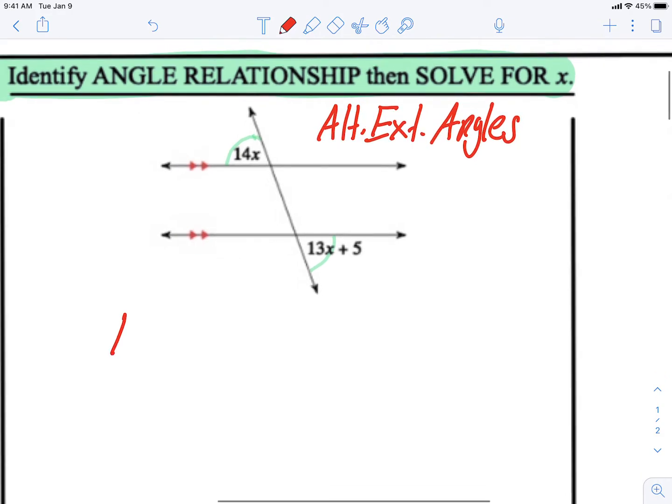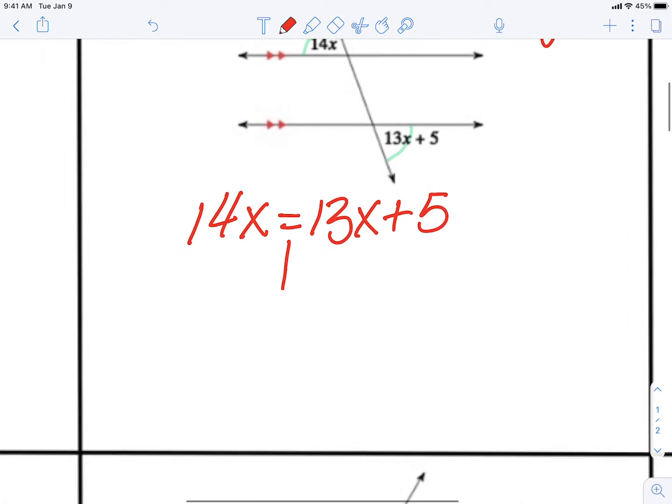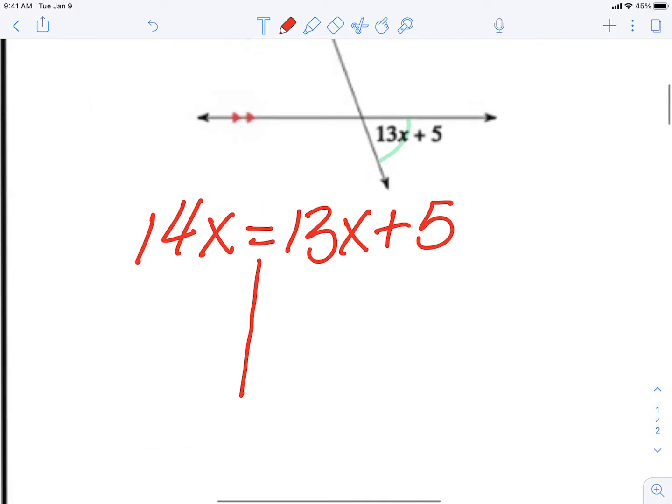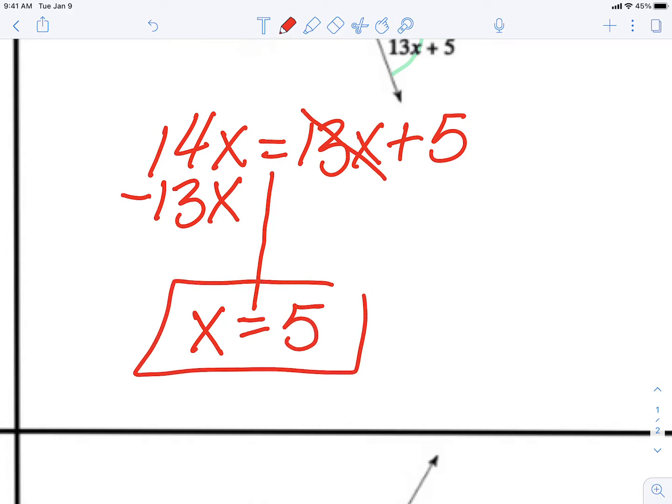So I say 14x is equal to 13x plus 5. Look at that. I draw my line of separation. I'm going to move this 13x over as minus 13x. 14x minus 13x is just x, is equal to, my 5 just comes down, and boom, look at that.